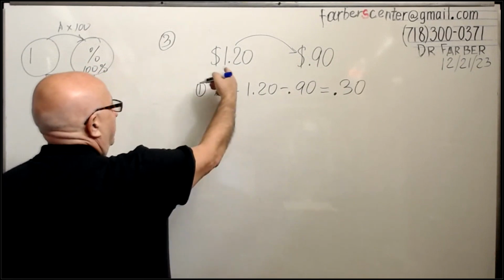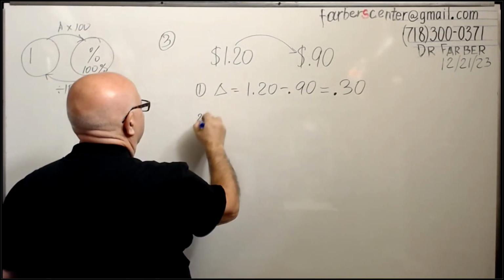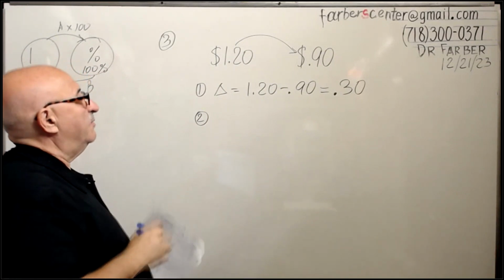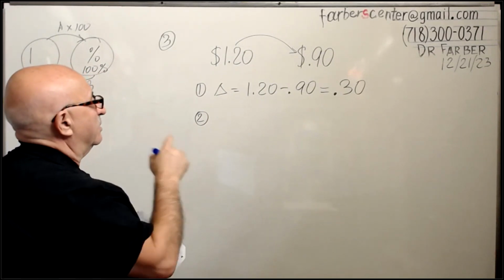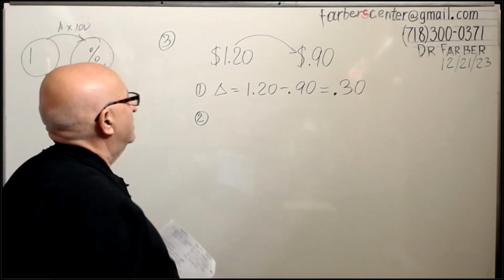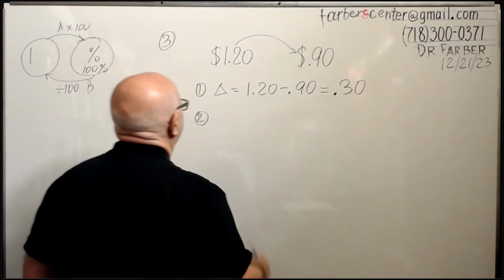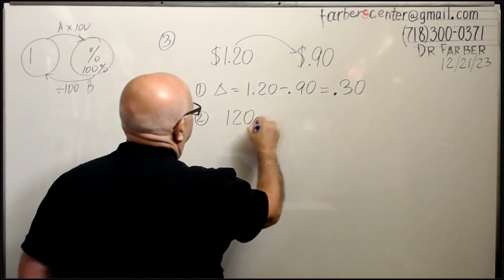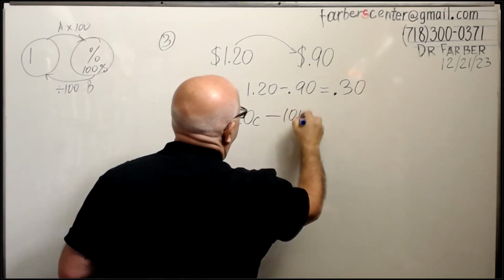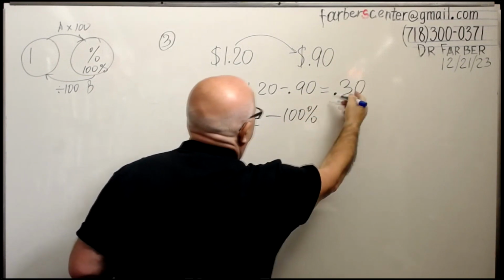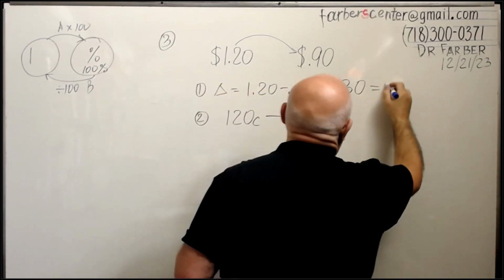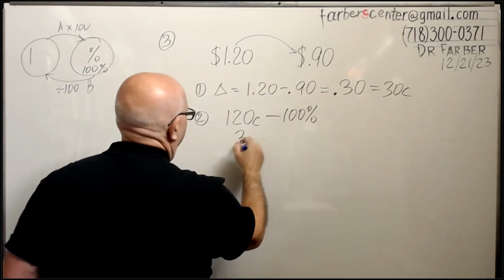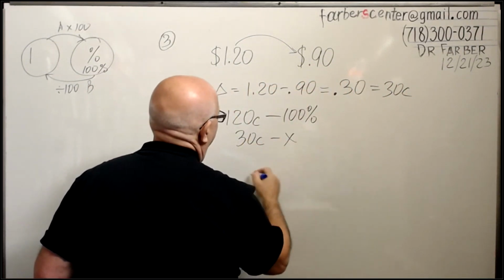So this is the original. Very important to see the base, because sometimes in the text they put some number in the front, but always look at the root. The root here is this original. So I put it in cents. 120 cents is 100%, and 30 cents is x.